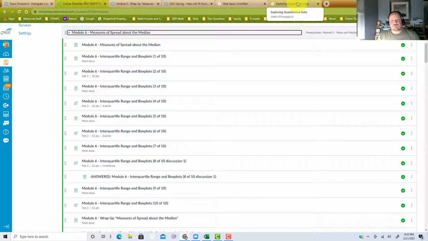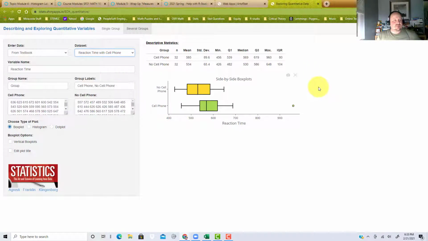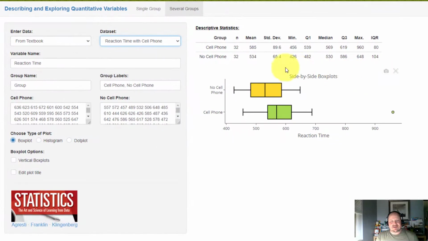Let's jump over to the web apps. This is an example from a different set of data involving reaction time, whether someone is on their cell phone or not. Just taking a look at the data, we can see there's 32 data values in each group.